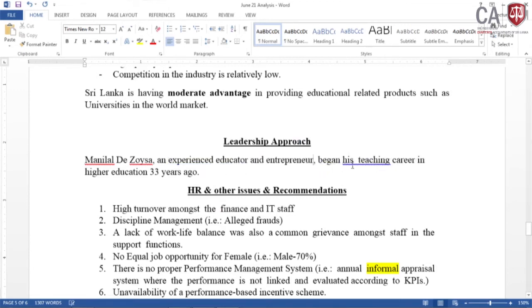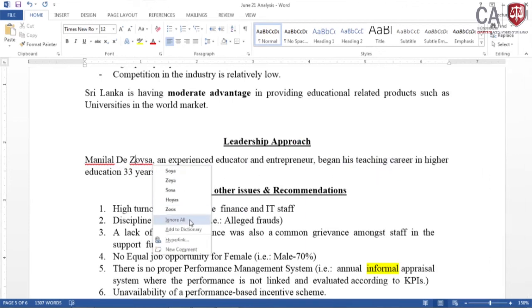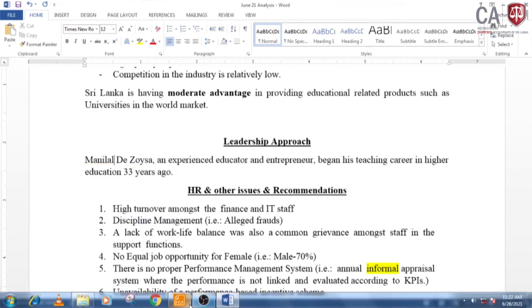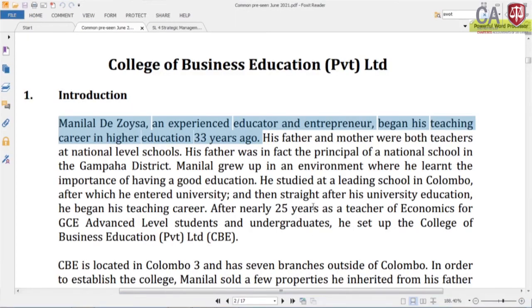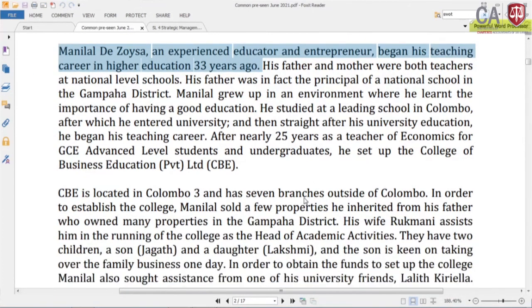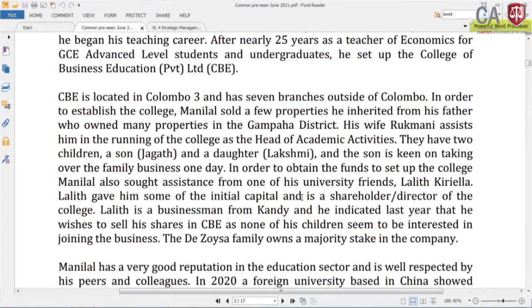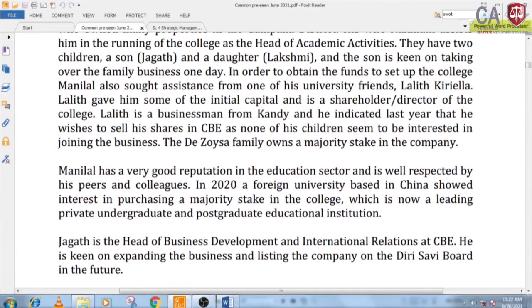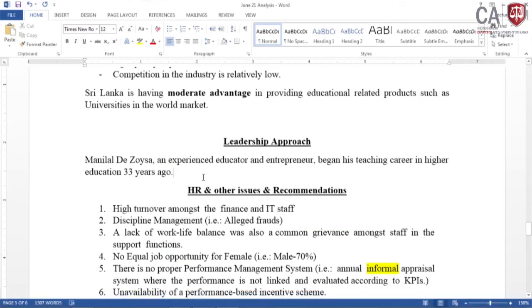Any other more information about his leadership actually? Do you have any information to identify his leadership based on the information given? Good visionary leader, no? To some extent I will say he is a good visionary leader.